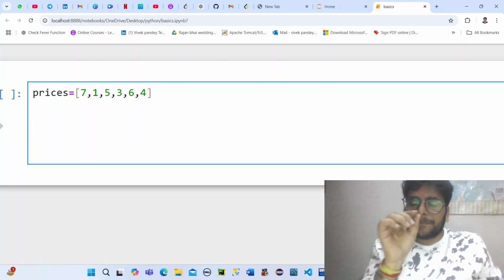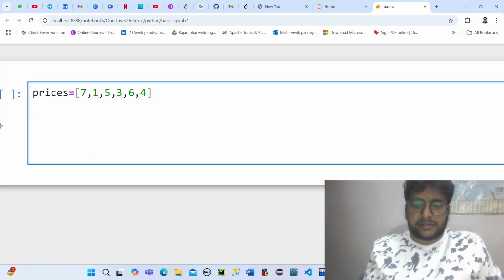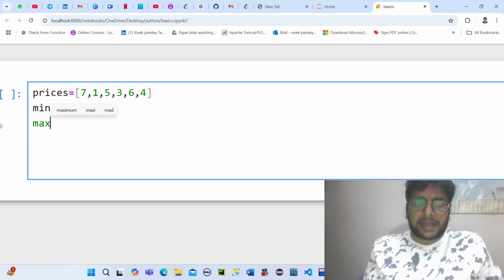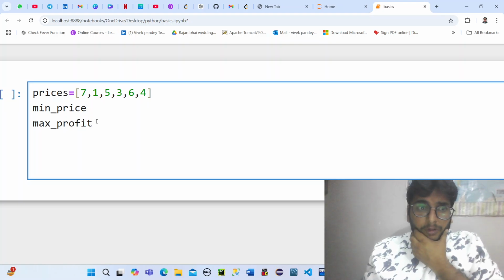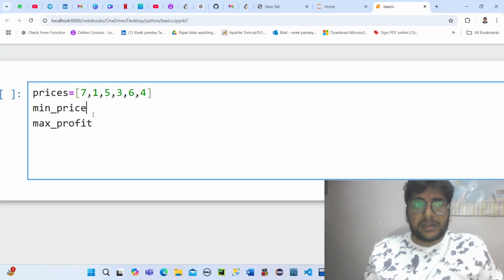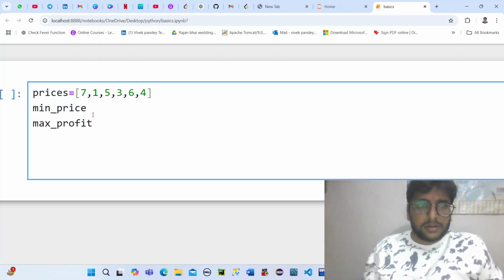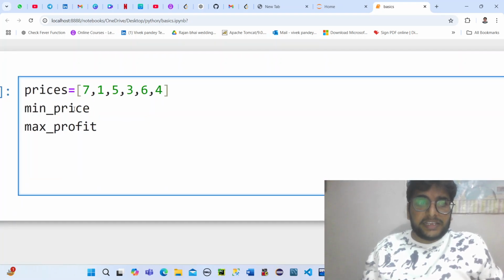What is required is minimum price. Minimum price is required. Again, maximum profit is required. So maximum profit and minimum price. Now here, let's keep this in a code.